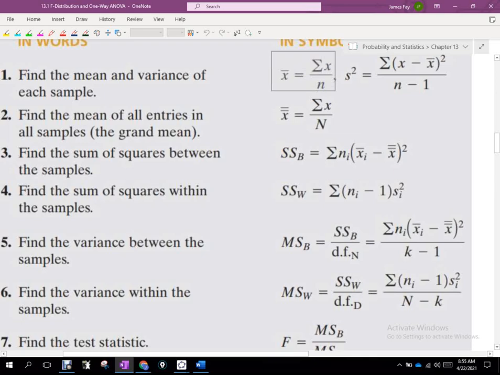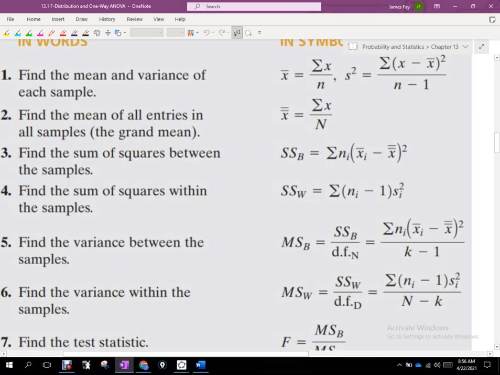Add them all up, divide by how many you have. So that's your sample mean. Your standard deviation, or I guess in this case the variance, is exactly the same as the variance that we've always found. It's the sum of each data point minus the mean squared all over n minus 1. So we'll do that for each sample.